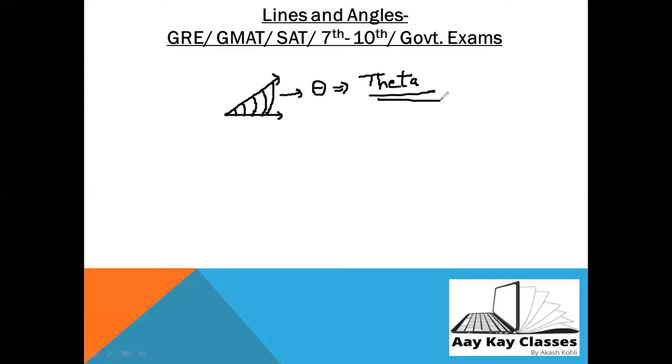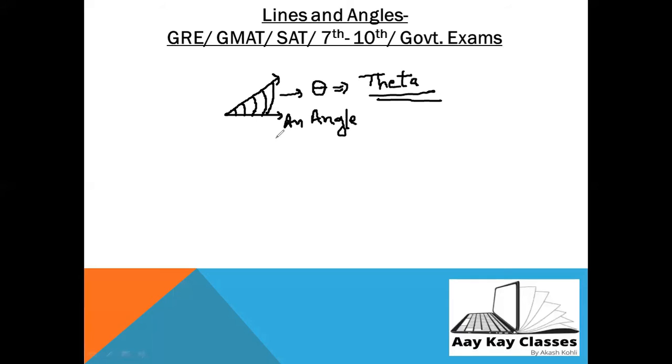So theta is actually an angle, right? This is the definition of an angle. When two rays having a common initial point make a distance with each other, it is called an angle. This is how far they are from each other with the same initial point. So this is a theta or an angle.